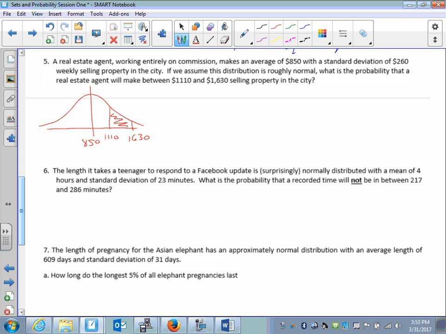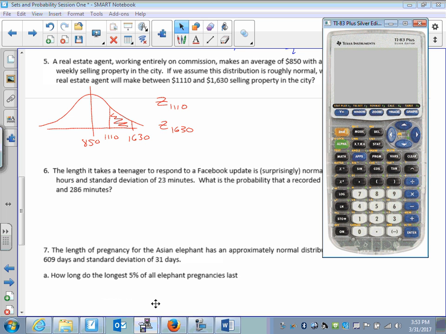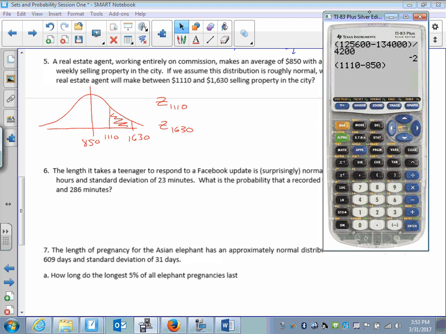So we need to know the z-score for 1110 and the z-score for 1630. Let's do each of those on the calculator. I seem to have lost my calculator. There it is. Okay, so we have 1110 minus 850, divide by 260.